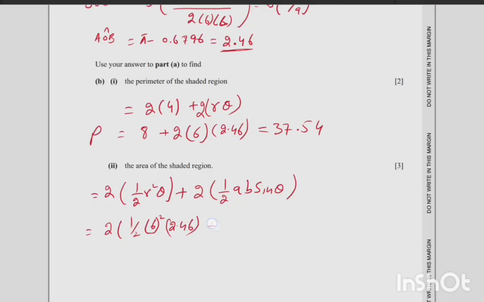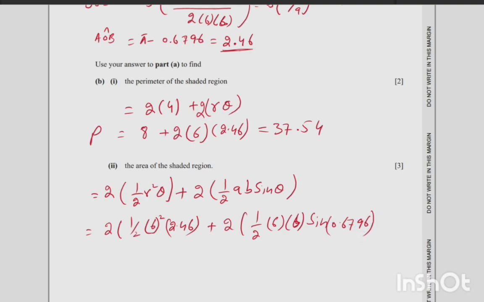We have already found that. 2 into 1 by 2, what is the a side? A side is 6 and b side is 6, sine theta. Theta will be 0.6796.